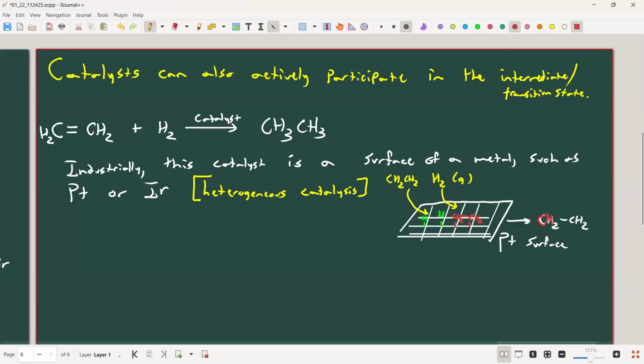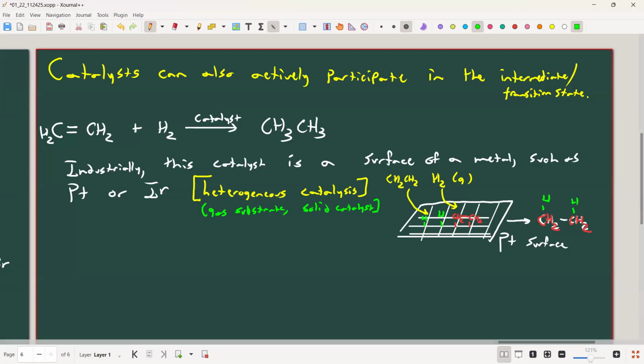Let me color code this. We looked at that for the Haber-Bosch reaction. This is called heterogeneous because it's multiple phases: you have gas, substrate, and solid catalyst. The vast majority of industrial catalysis is done heterogeneously.